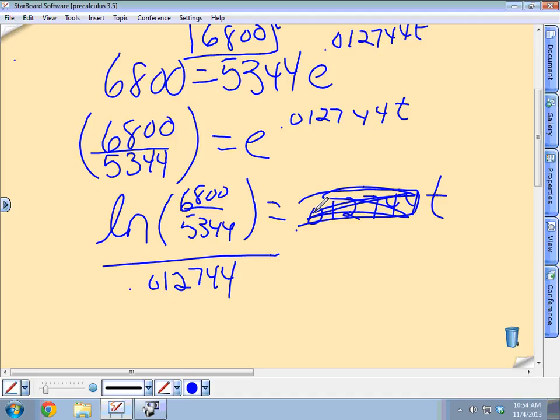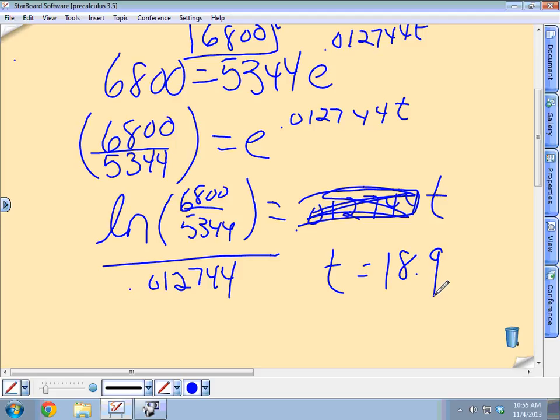Wow, okay, 19. You got 19? What did I do wrong? You did the ln and then you divided it. You had t equals 18.9. Yeah. You guys are right. I messed up. Okay.